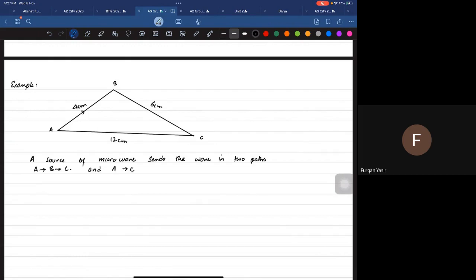It says if the wavelength is 2 centimeter, deduce whether at C a constructive or a destructive interference takes place.